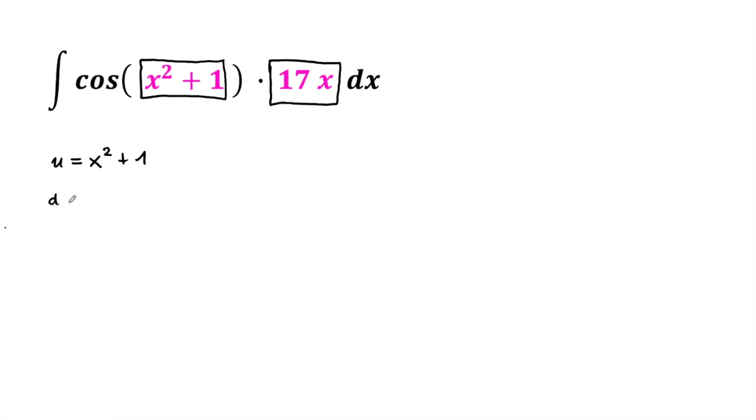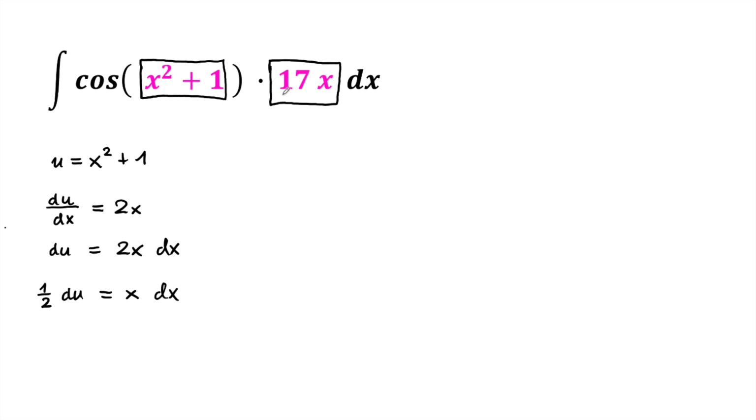Then we'll take the derivative of u with respect to x, which is 2x. And then we multiply formally by dx, we get that du is equal to 2x dx. And then we divide both sides by 2, so we get half of du equals x dx.